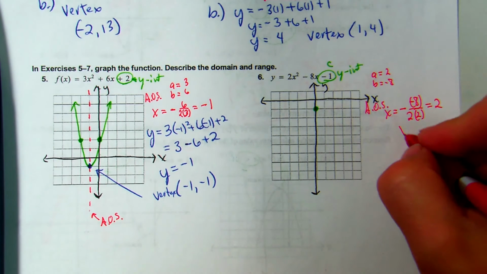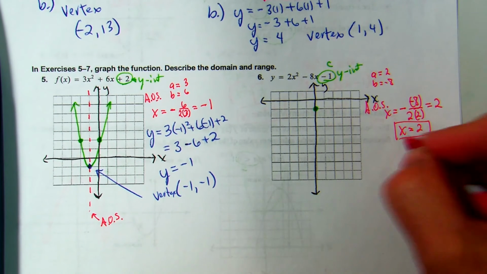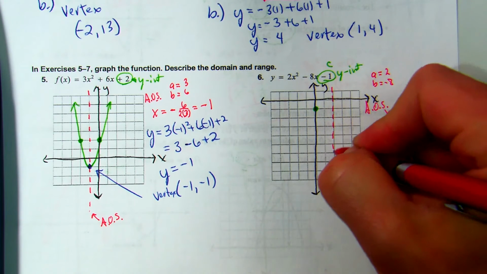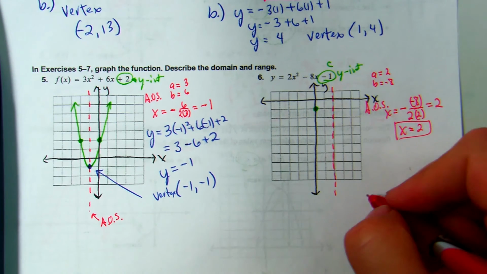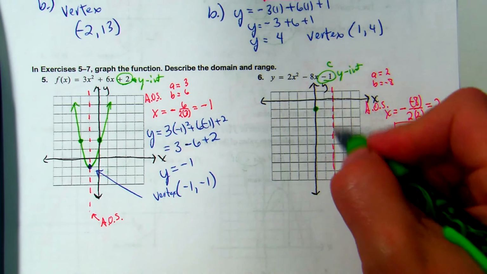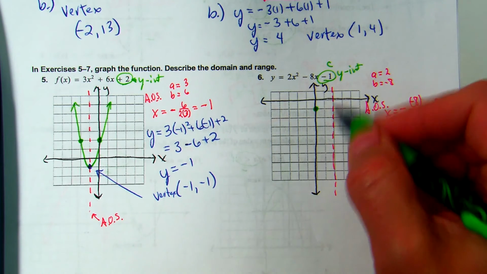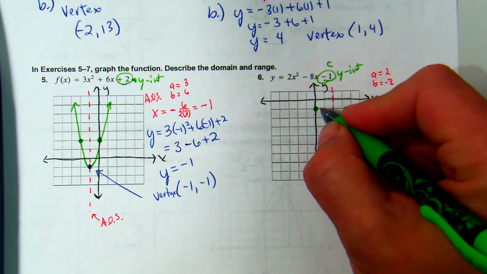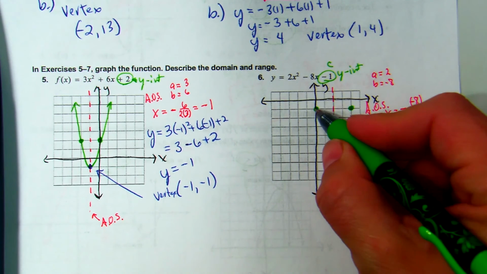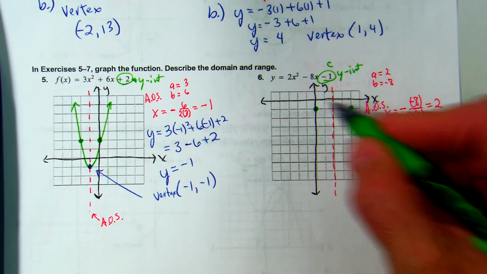So at x equals 2, my axis of symmetry is going to go through right there. That's going to be the axis of symmetry. And since I know that that is the line that mirrors or makes things symmetrical in my parabola, I can go 2 spaces to the right and plot another point that mirrors the one that I had for my y-intercept.